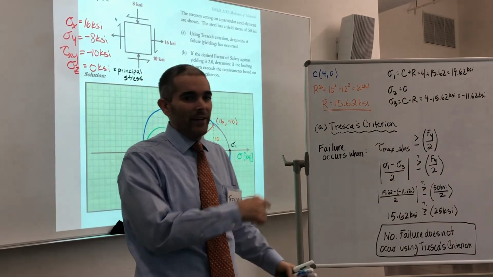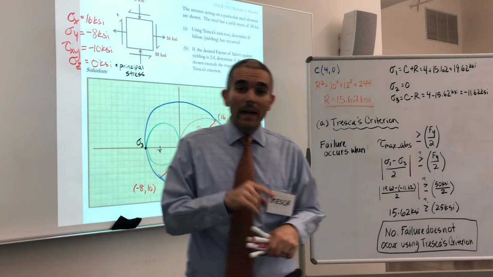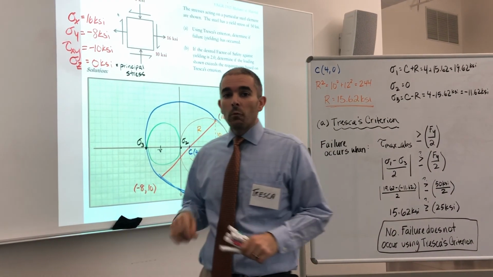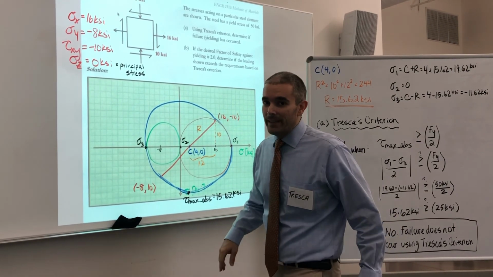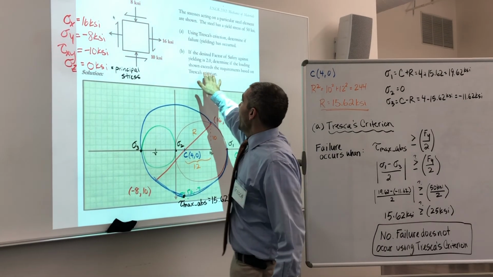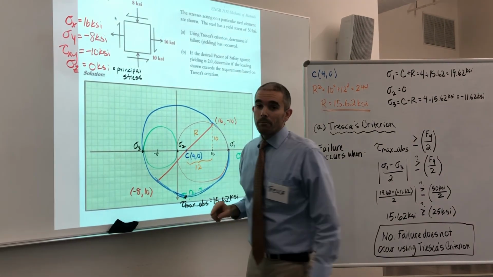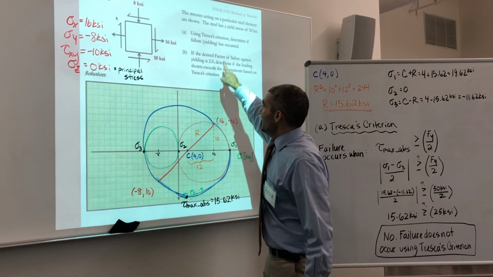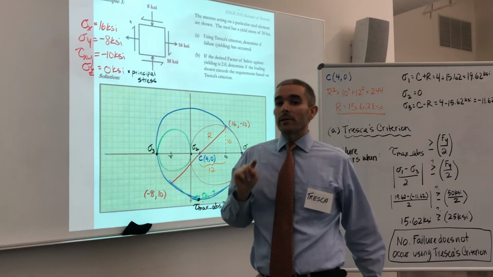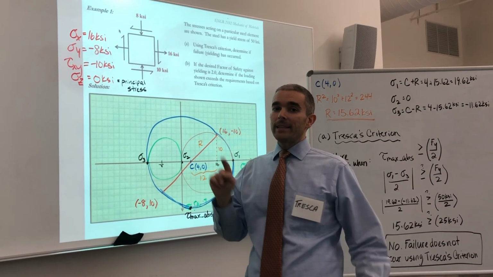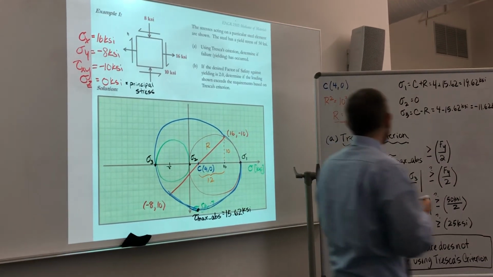We also like to include factors of safety when we do this. The most basic way to include a factor of safety is to modify the yield stress. So in part B, we're asked to use a factor of safety of 2, and we're going to apply that directly to the yield stress.